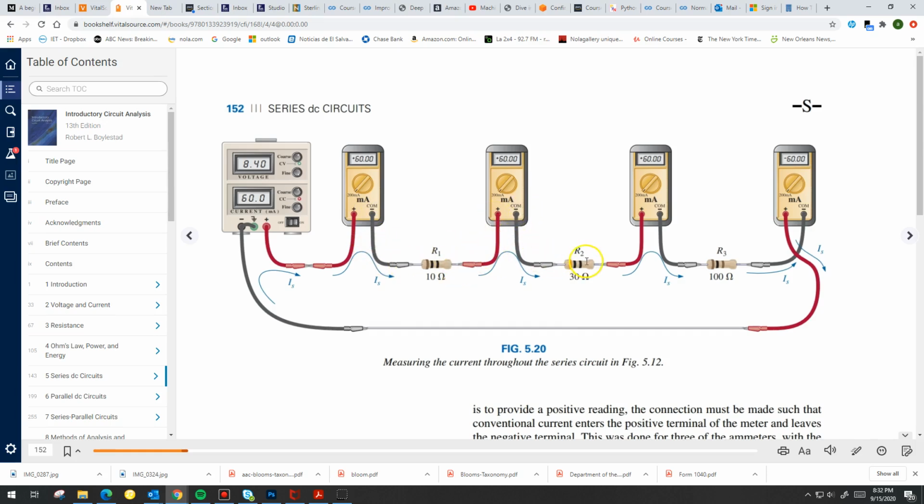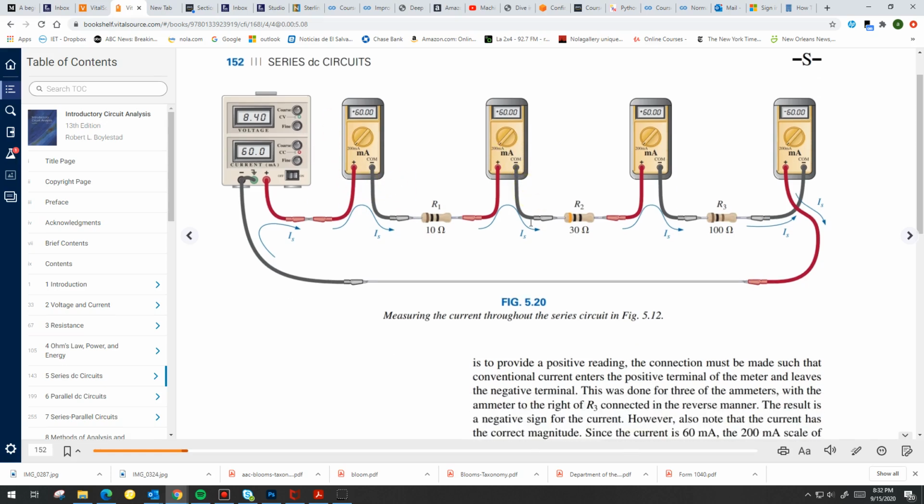In other words, I'm placing the meter in series with the elements that I want to measure. In series, they follow the path with the meter. This is very, very important in the lab environment, very crucial, okay?